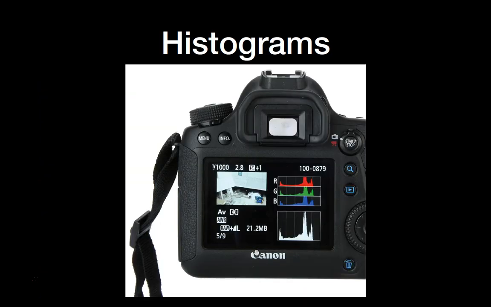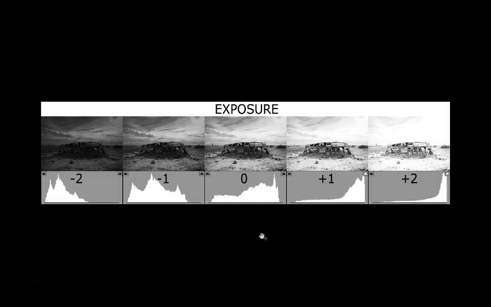Next, we're going to talk about histograms, and they help you evaluate exposure in camera through the LCD on the back, and it reads the pixels. So this right here is your histogram. So this looks at all of your image's pixels on a scale of 0 to 255 in black and white, and stacks them.